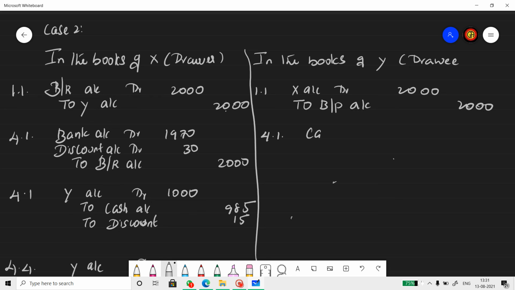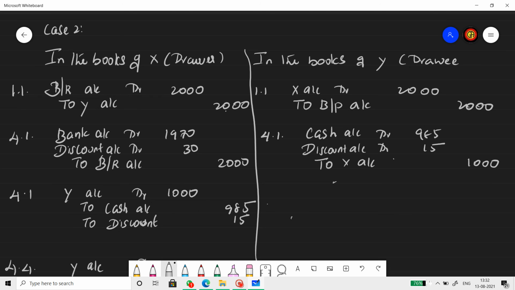So cash account debit, discount account debit to X account. That is half the proceeds received from X, who is also credited with half the discount. So you know that after discounting the bill, X is sending half the money to Y. So we are passing this entry over here in his books: 985, 15 discount and 1000.